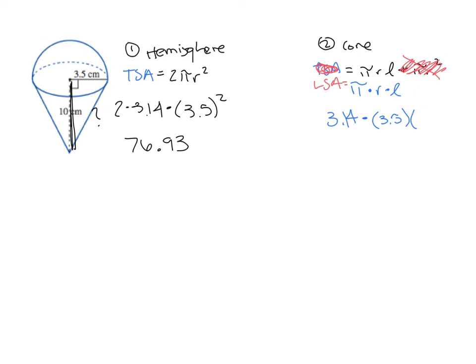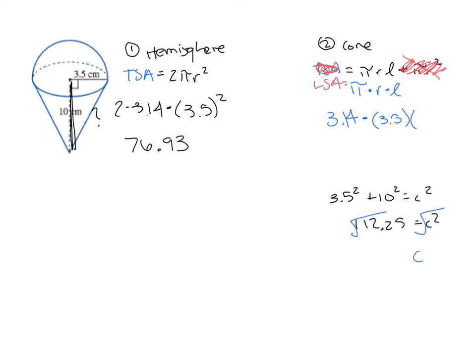So we're going to use Pythagorean theorem. A squared plus b squared equals c squared. So, little side note here, we're going to have 3.5 squared plus 10 squared equals c squared. And when I add those, we get 112.25 equals c squared.